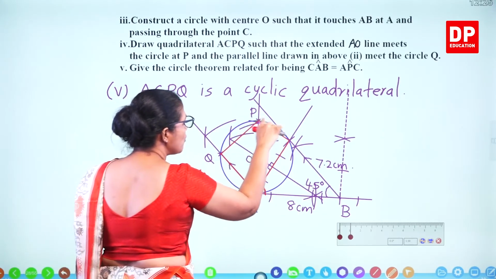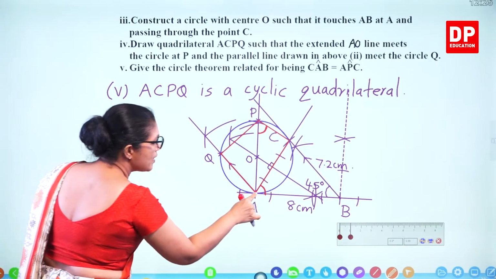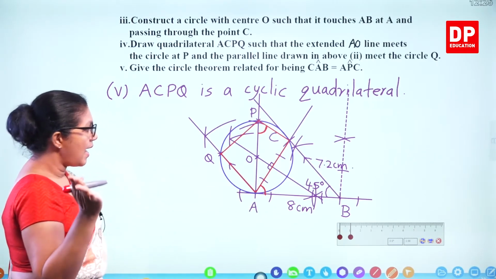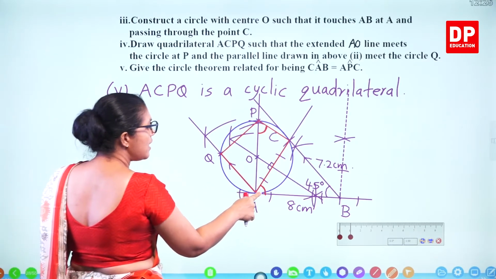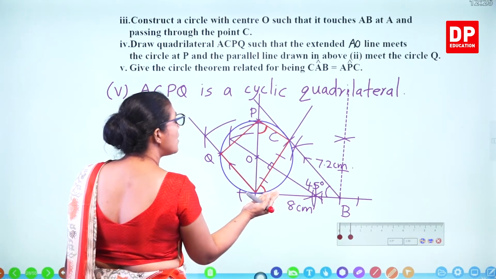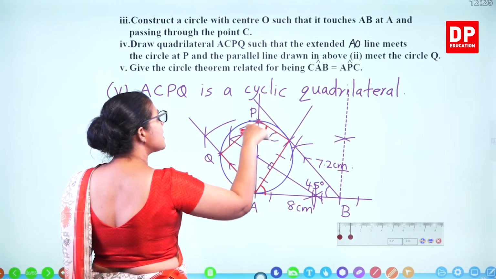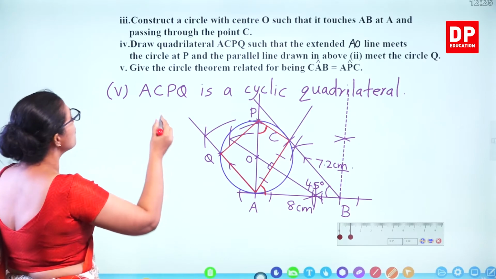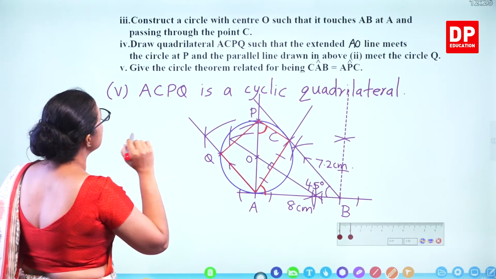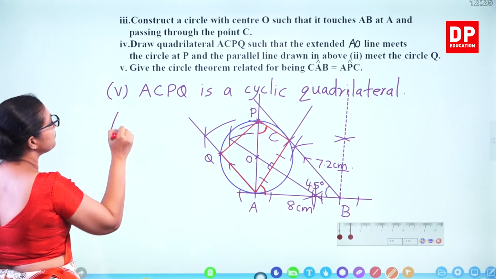That means all points are on the circle. Now what is this angle? Angle in between tangent and the chord. The angle between tangent and the chord is equal to the opposite segment angle, the alternate segment theorem. So we can write alternate segment theorem.